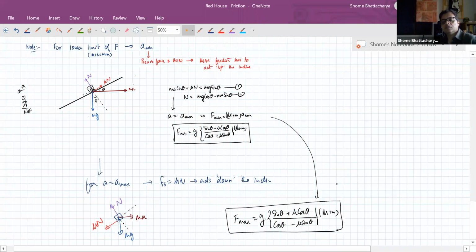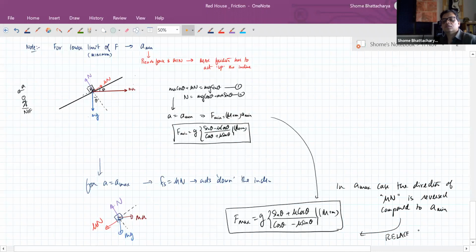So see what is happening in the A max case. The direction of mu N is reversed compared to the A minimum case. So to come to this, just replace mu N with minus mu N. Originally, to start with, you'll do that.